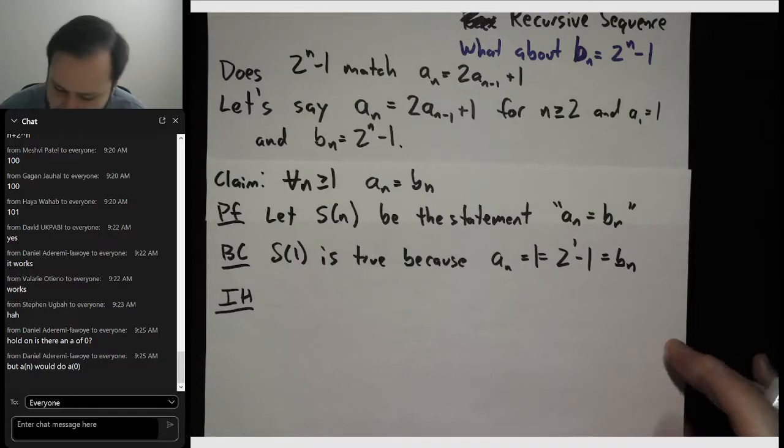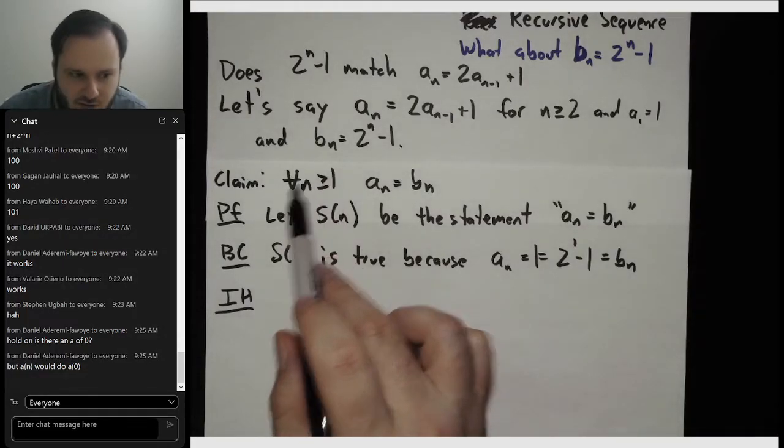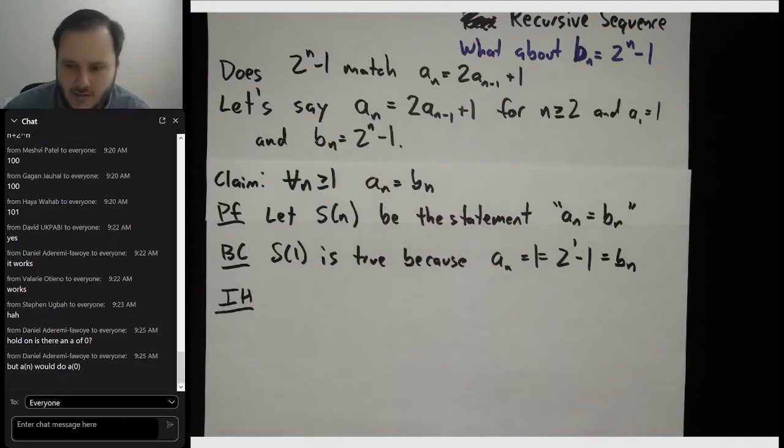A of n does not do a of 0 because I'm only claiming this is true for a of n greater than or equal to 1. So there is no 0. If I started my sequence with 0, then 2 to the 0 minus 1 would be 0.